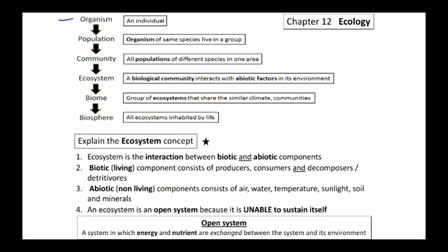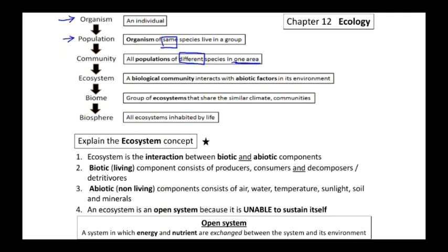The first one, we have organism, which means an individual, for example, a human. When we have a group of organisms of the same species living together, for example, a group of humans, we call it a population. We have populations of different species living in one same area.